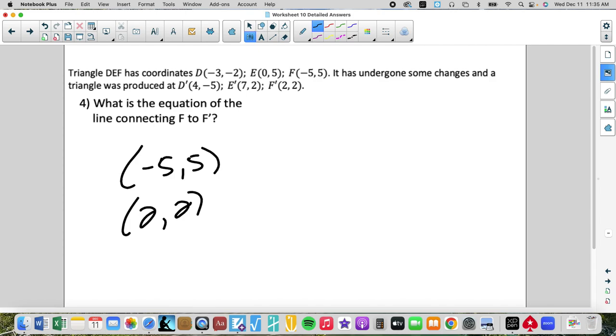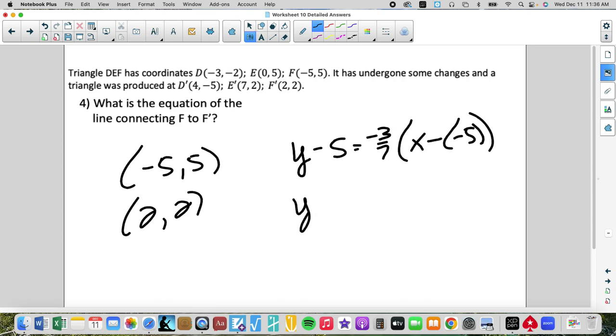So if we use point slope, we can use y minus 5 equals negative 3/7 times x minus negative 5. So y minus 5 equals negative 3/7 x. That's going to be plus, and that makes negative 15/7.